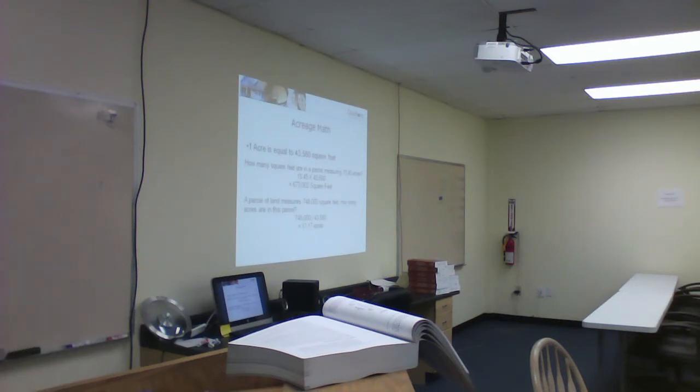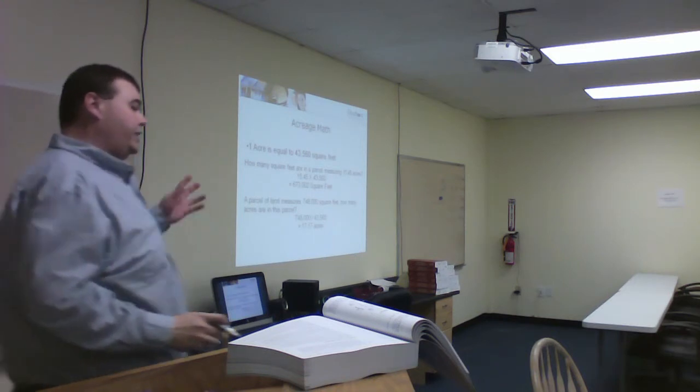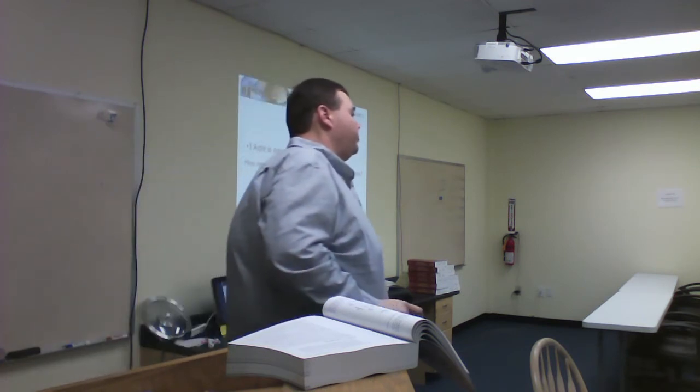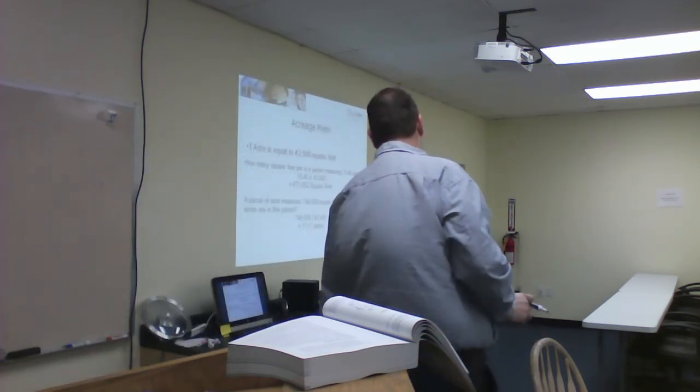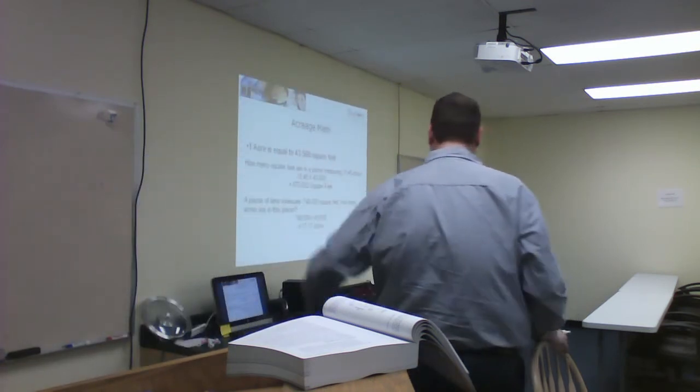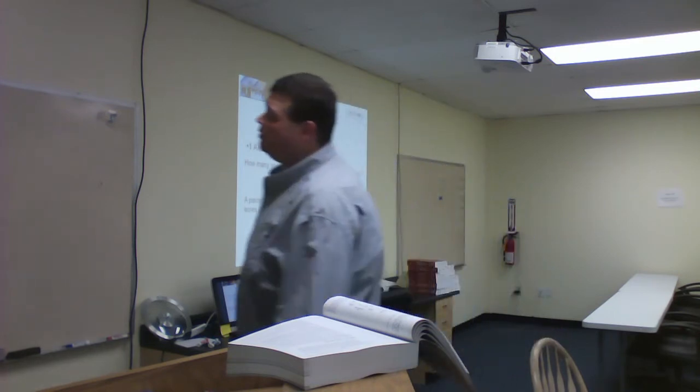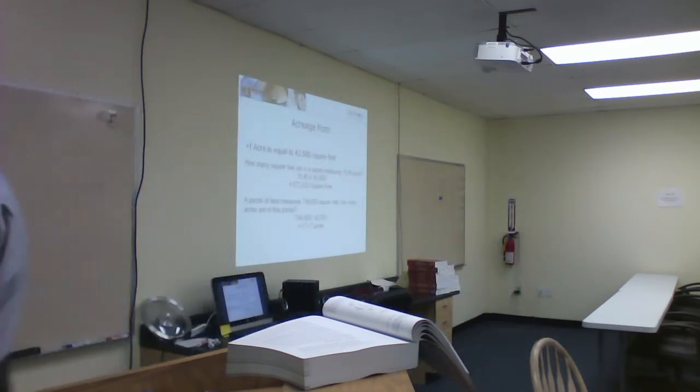So if you've got acres and 43,560, it's going to give you square footage. That is your basic T-bar for acreage conversions. Number of acres, 43,560 on the bottom, and square feet on the top.